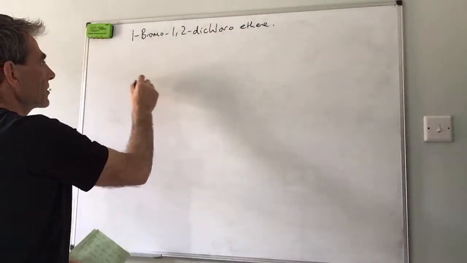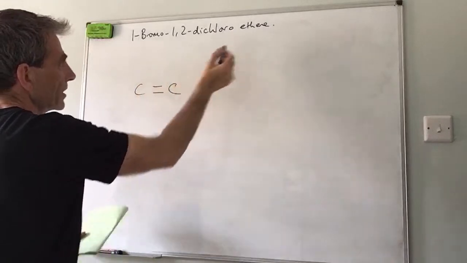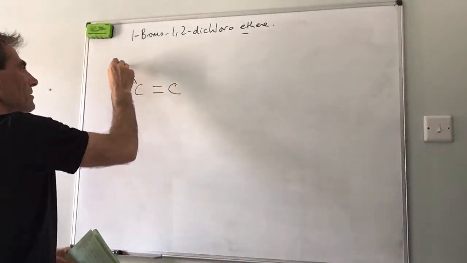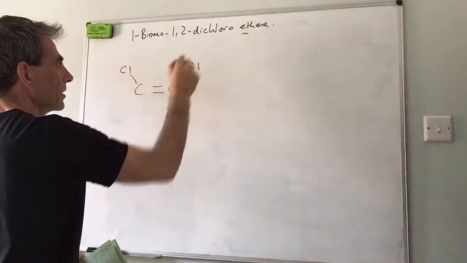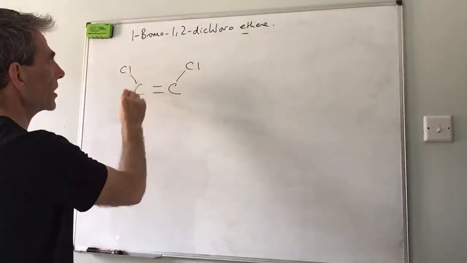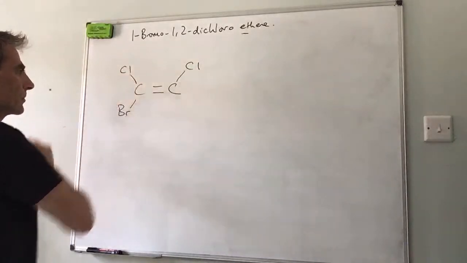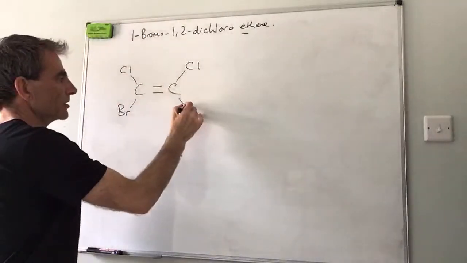Okay, so let's start. We've got 2 carbons, obviously, eth. 1,2-dichloro. Let's put the chlorines there and there. Okay, 1,2-dichloro. 1-bromo. And that's obviously a hydrogen.